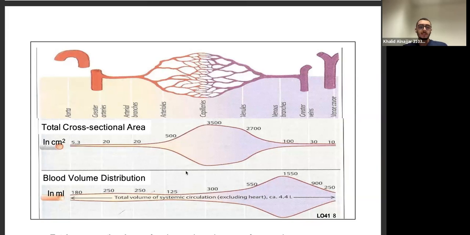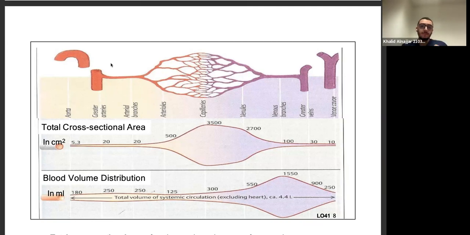However, the cross-sectional area is quite the opposite. Why? Because the area of the aorta, for example, or the femoral artery is basically the area of the vessel itself. Okay, but why is the cross-sectional area in the arterioles and the capillaries way bigger than the cross-sectional area of the great vessels and the aorta?